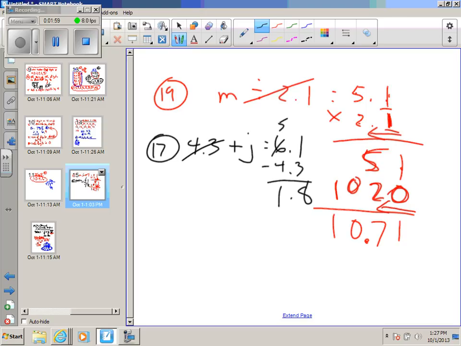Now the bottom part, 21 and 22. Turn to page 74 in your book right now. Everyone, page 74.